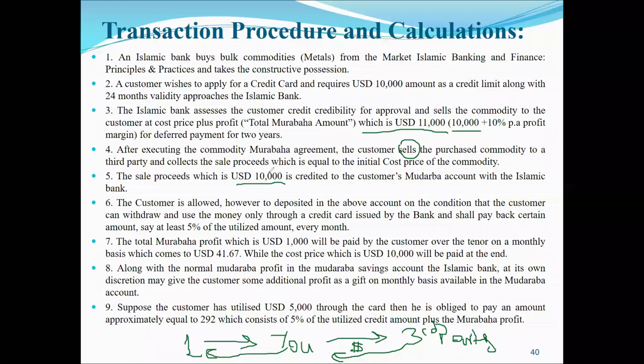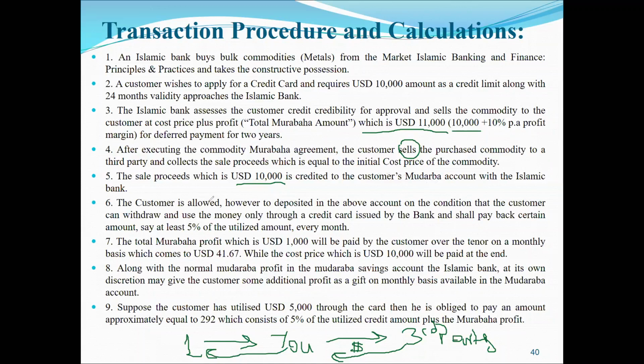This sale proceed is credited to the customer's account at the Islamic bank. Now the customer has the right to use it. However, he will pay in installments for the commodity that he purchased from the bank. Let's say he agreed he's going to pay in 5 years in installments. He knows the cost, he knows the profit, cost plus financing.